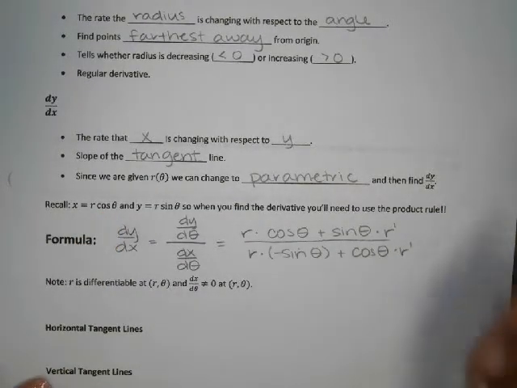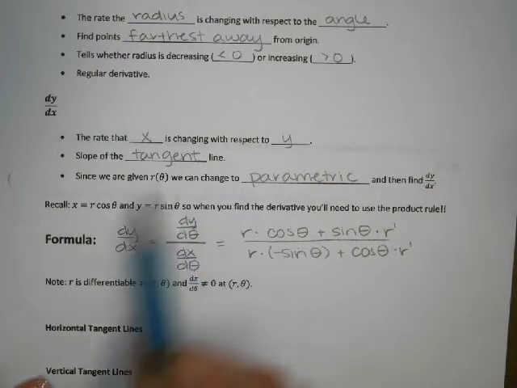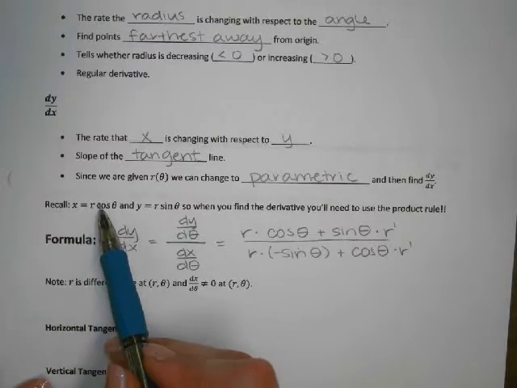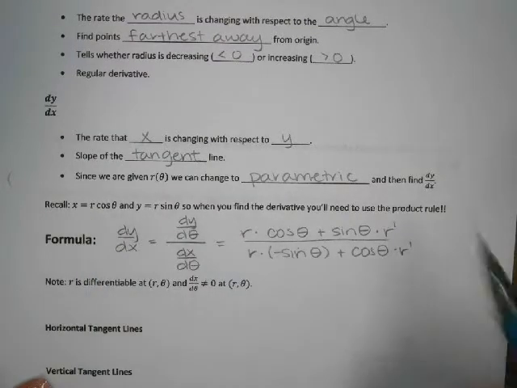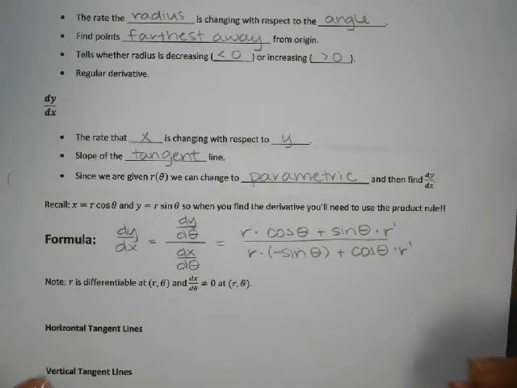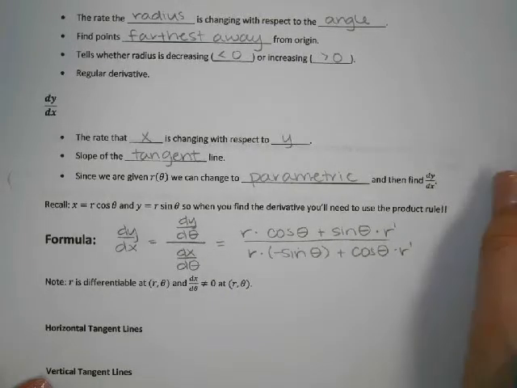And so typically, since we're given an equation r in terms of theta, this would not literally be an r. This would be an equation itself that you'd be plugging into r. So this r prime really is whatever the derivative of that equation is. Okay, so you can use the formula if you want. You'd have to memorize it, or else you can just treat it the way we did when we learned about parametric and just do y prime divided by x prime.